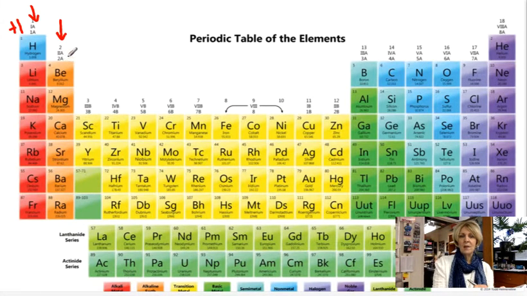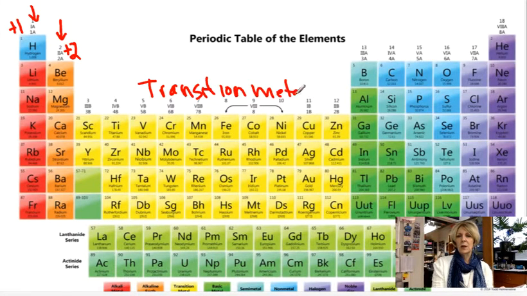Everybody in this column 2A tends to lose 2 electrons, and so they become a +2 ion. These guys in the center don't have a really cool pattern like this. They're the transition metals, and we're going to ignore them right now. We're going to talk about those in just a minute. But everybody in this column 3A tends to lose 3 electrons, so they become a +3 charge.